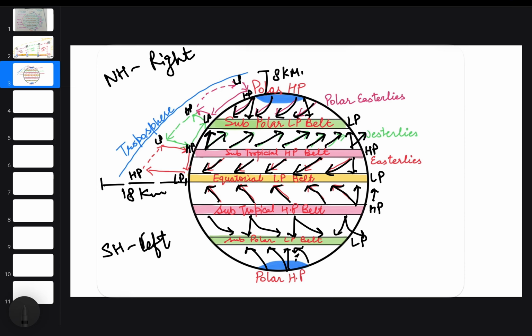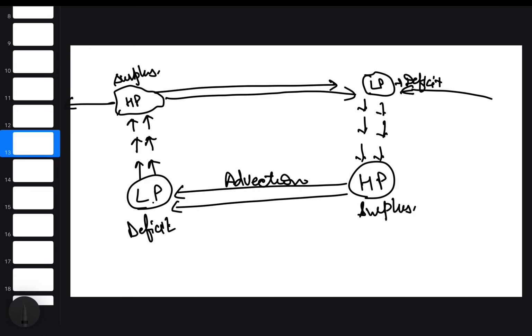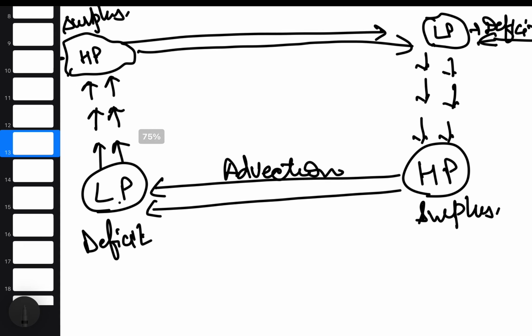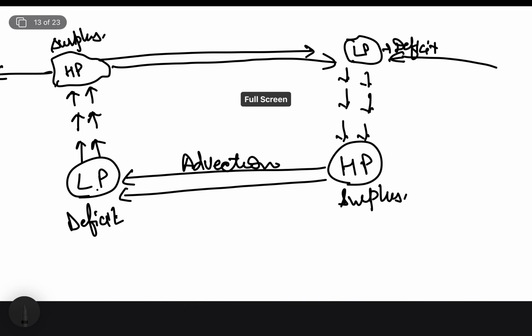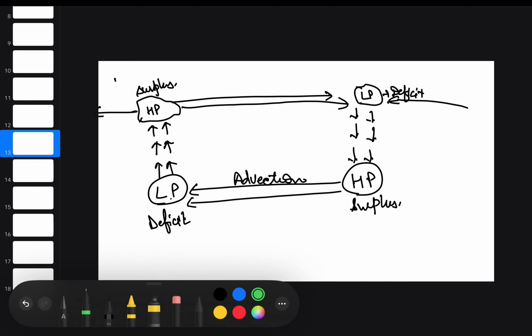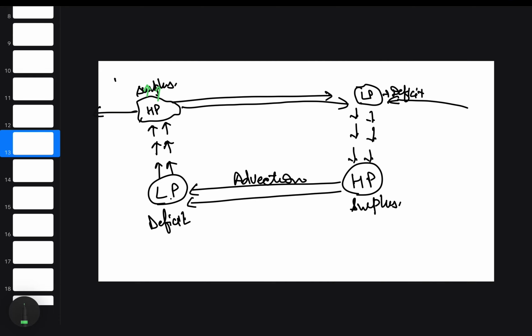So here we have the high pressure. Since this is cold now, it will form clouds. Clouds will form here.